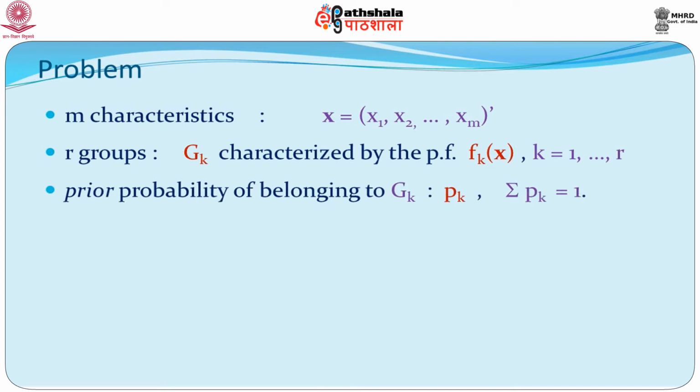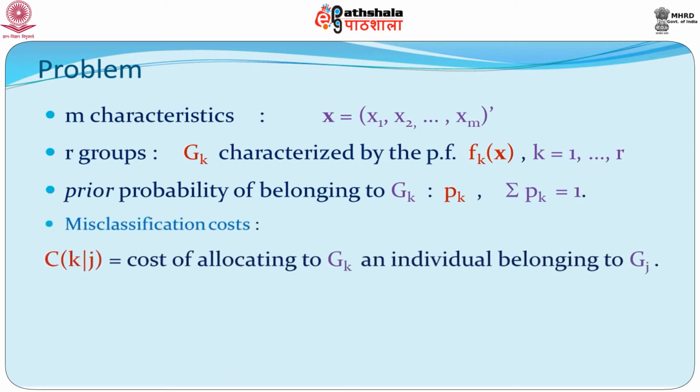The prior probability of belonging to the kth group is pk, and of course, the summation of pk over all k would be equal to 1. The misclassification costs are assumed to be C(k|j), which is the cost of allocating to Gk, that is to the kth group, an individual who actually belongs to the jth group.